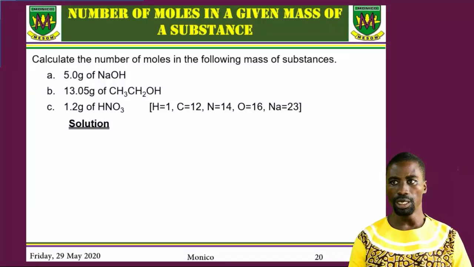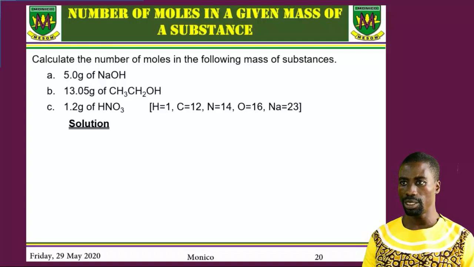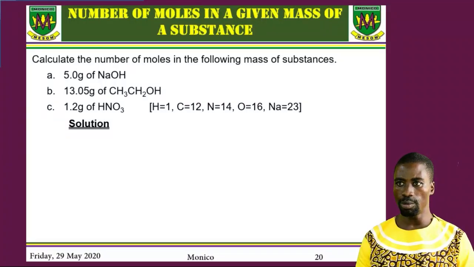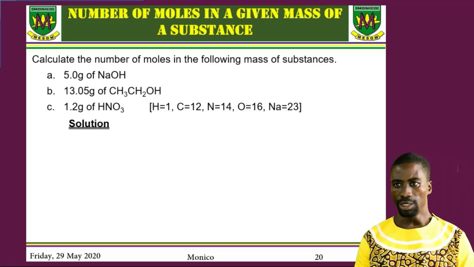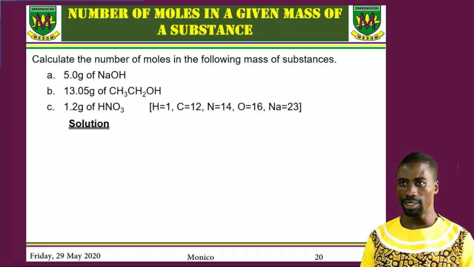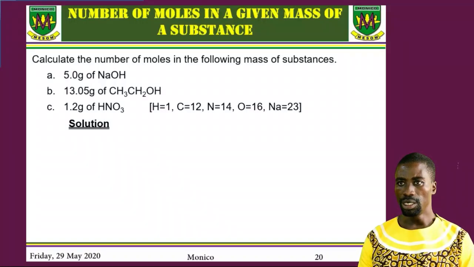That is basically C2H5OH, that is ethanol. That's the standard form of the formula for ethanol. You can also have 1.2 grams of HNO3, that is nitric acid. Then how many moles are present in this particular quantity given to us in grams?